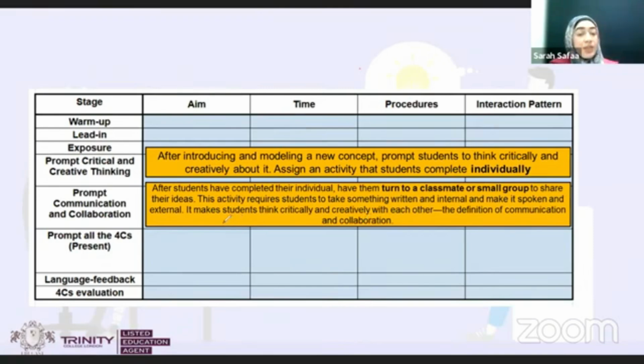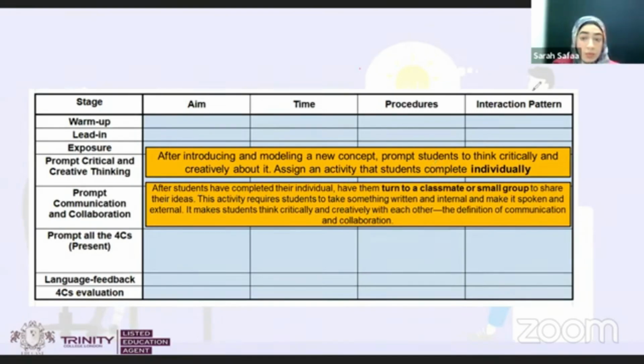It makes students think practically and creatively with each other, which is the definition of communication and collaboration.